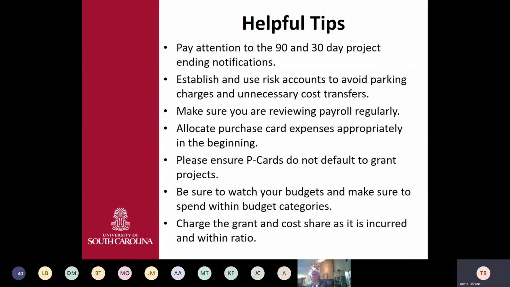So these are just some helpful tips that we've accumulated as it relates to what we see centrally across all colleges.